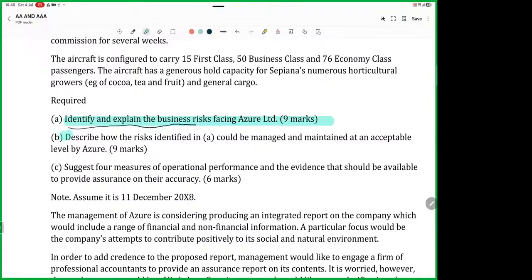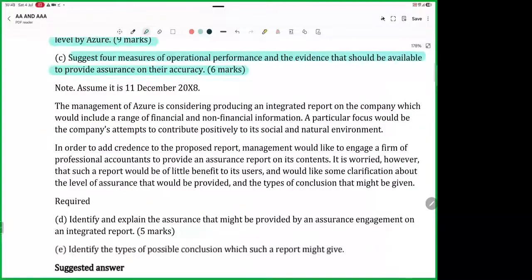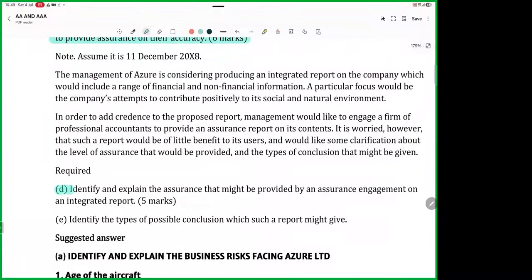B, they want us to describe how the risks identified in A could be managed and maintained at an acceptable level by Azure, 9 marks. C, suggest 4 measures of operational performance and the evidence that should be available to provide assurance on their accuracy. Then we have another question here, D, where they want us to identify and explain assurance that might be provided by an assurance engagement on an integrated report.